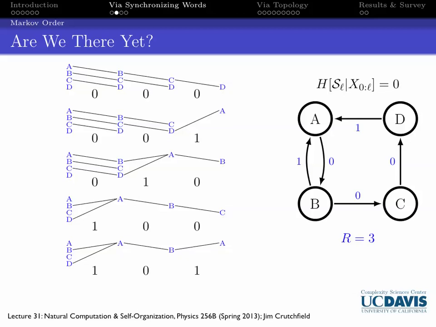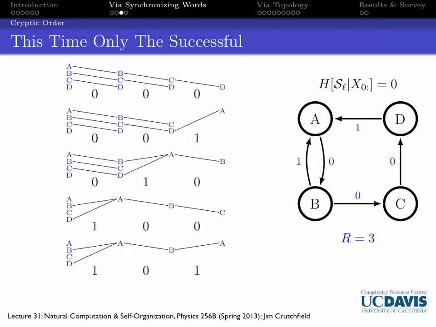Now to figure out the cryptic order, remember the criteria for the cryptic order is we drop this, having only seen up to the state we're considering, and we can see the infinite future. That means, starting here, I can see exactly what words are going on, I just don't know necessarily what state I'm in. But being able to see into the future means I know exactly which paths I could start down that will actually continue going.